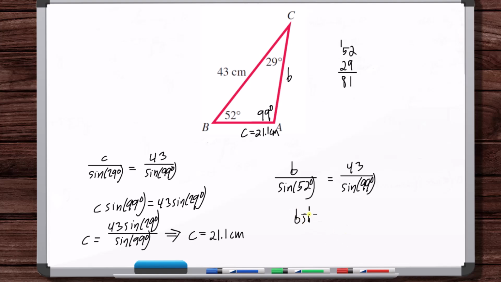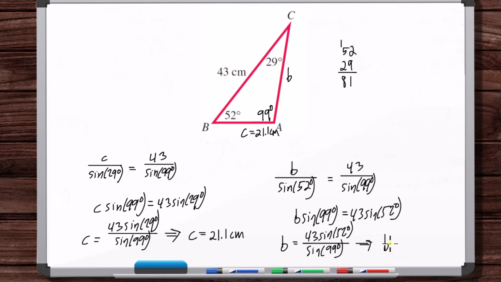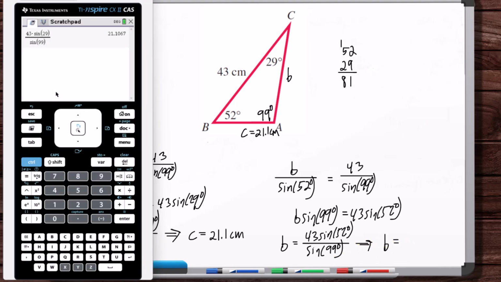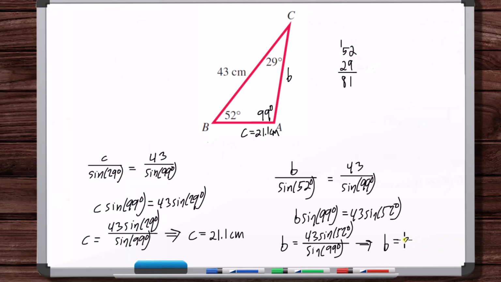So B sine of 99 is equal to 43 sine of 52. So B is equal to 43 sine of 52 over sine of 99. All right, 43 sine of 52. That's 34.3 centimeters.